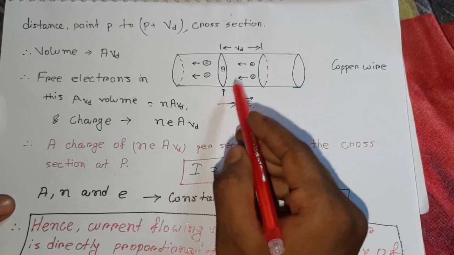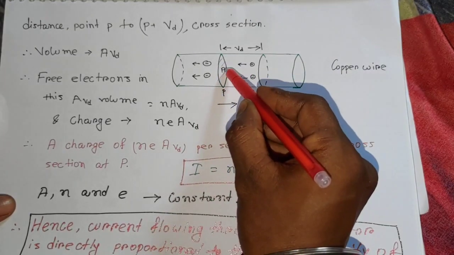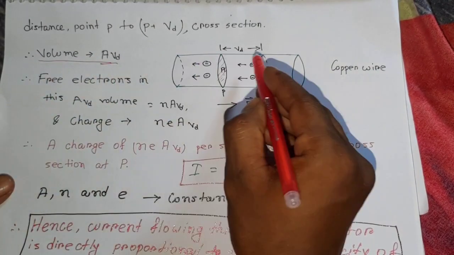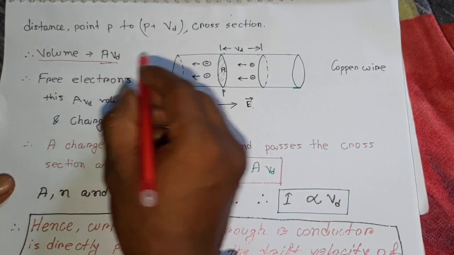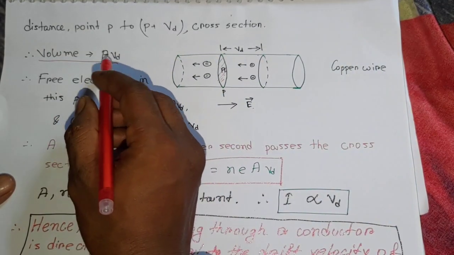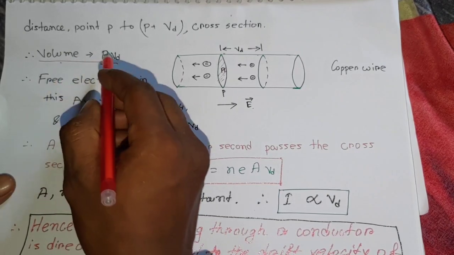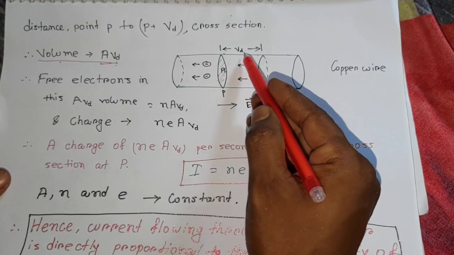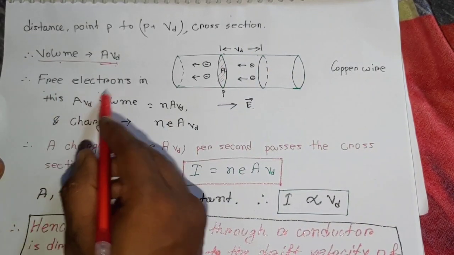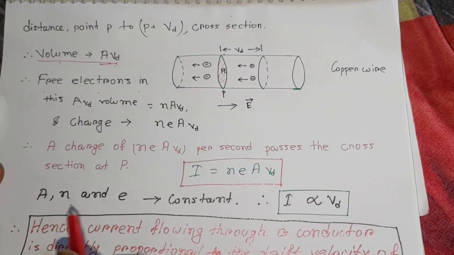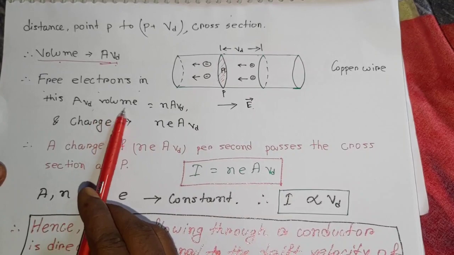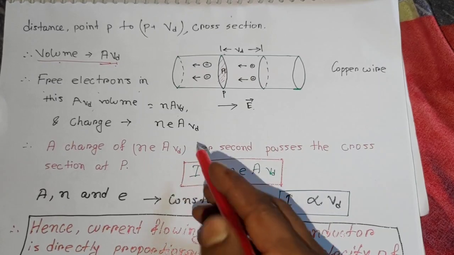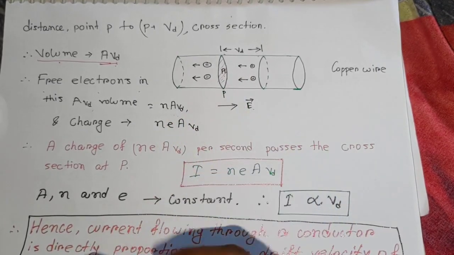The volume here is A into Vd, where Vd is the drift velocity, so total volume is A Vd. The free electrons in this A Vd volume are N into A Vd, where N is the number of free electrons per unit volume.